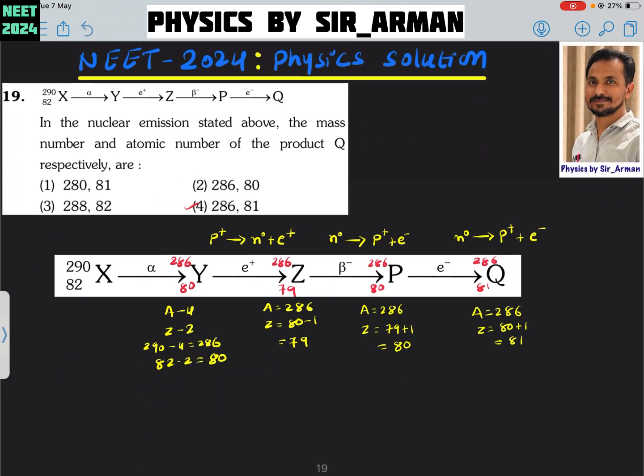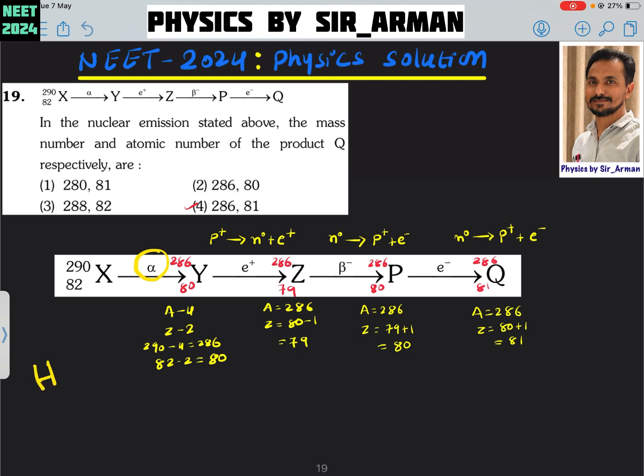Question number 19, again a very interesting question. In the nuclear emission stated above, find the mass number and the atomic number of the product. Initially we have this nucleus whose mass number is 290 and atomic number is 82, and there is an alpha decay process, an alpha particle is coming out from it.